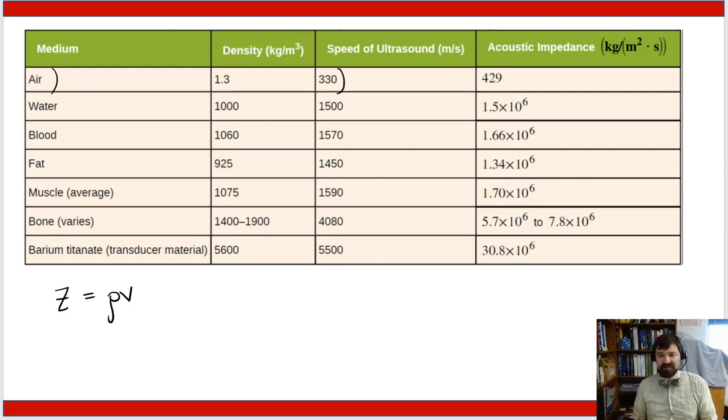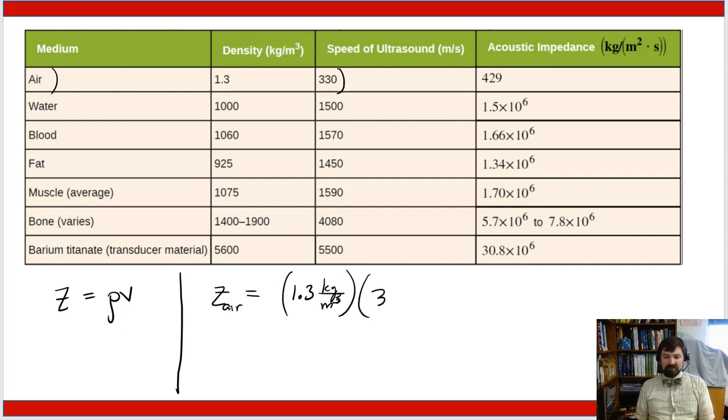So just as a quick double check, let's calculate the acoustic impedance for air given this speed and given this density. So Z for air should be 1.3 kilograms per meter cubed, that's the density of air, times 330 meters per second. I think actually this is using 0 degrees C. I think ultrasound is maybe a little slower than regular sound.